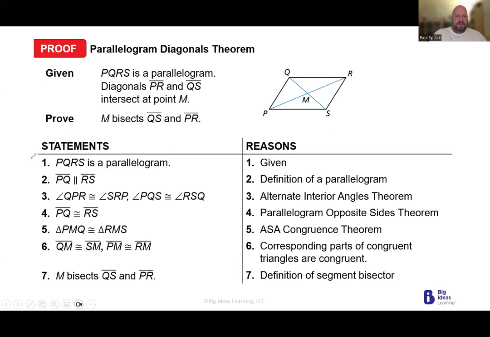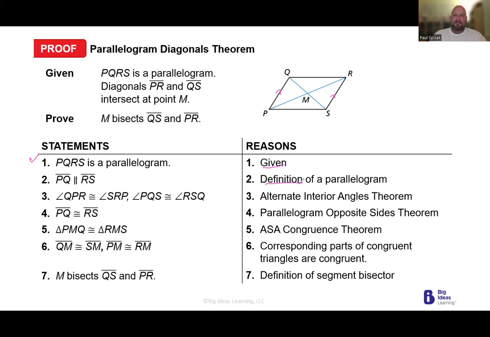So how do we know that? It was given. Well, since we have a parallelogram, what do we know? We have some parallel lines. So marking on the figure, these two are parallel. That was our definition of a parallelogram. Since it is a parallelogram, and we have these auxiliary lines drawn in, we're able to say that some of these things are congruent.